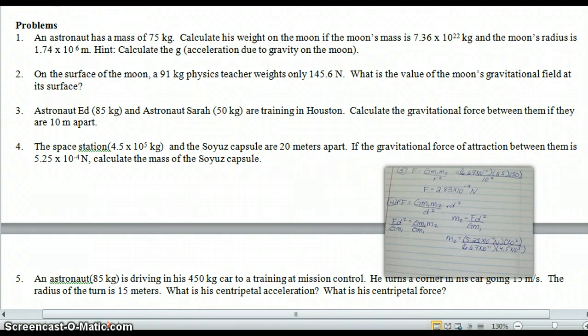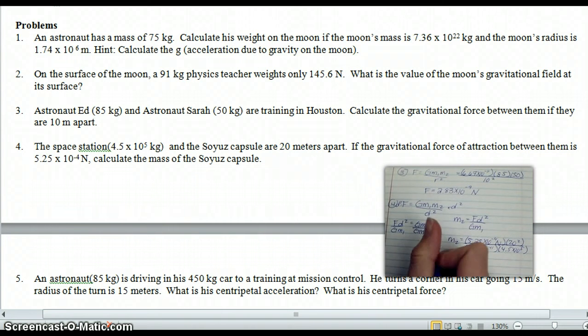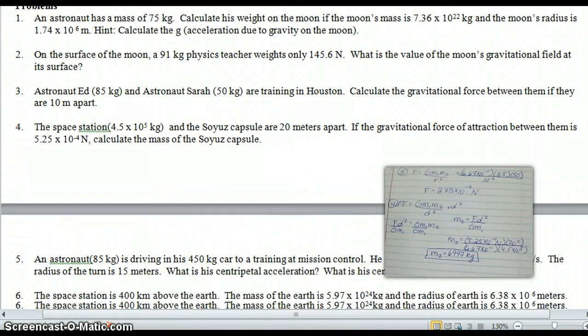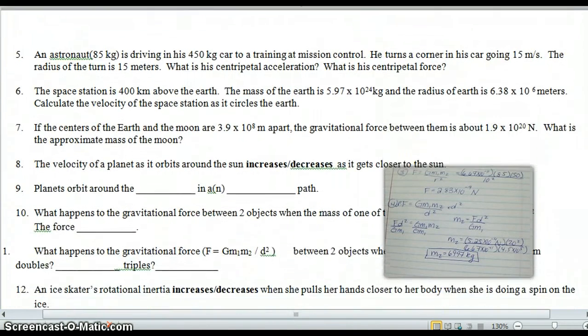So if we plug that into our calculator, we're going to get a mass of 6,997 kilograms. Remember, we measure masses in kilograms. So that's the answer to number 4. So let's move on to number 5.